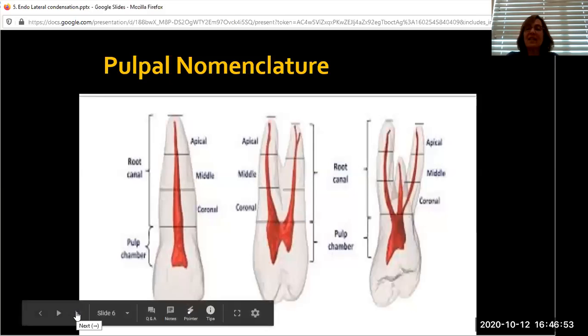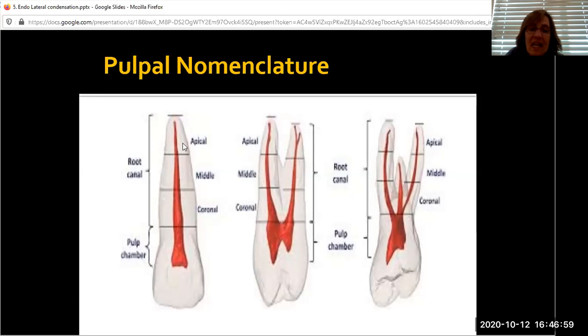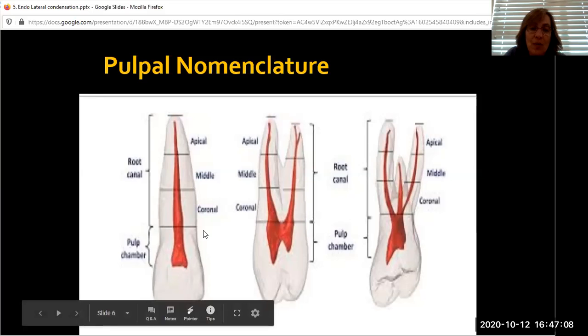Okay, this slide is a slide that I do want to tell you that there is an apical third, a middle third, and a coronal third of the root, as well as the pulp chamber.